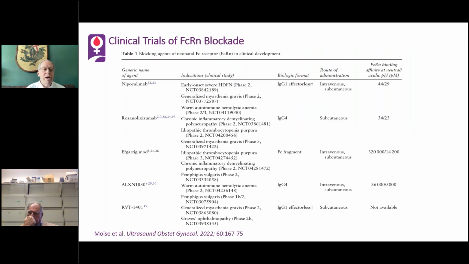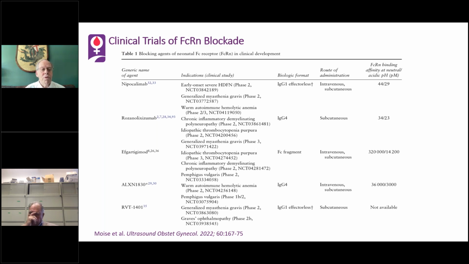This is a list from a while ago of some of the trials that are in progress. I'm going to highlight one in particular, efgartigimod, which was the first one licensed, and it was licensed in myasthenia gravis in late 2021, I believe.